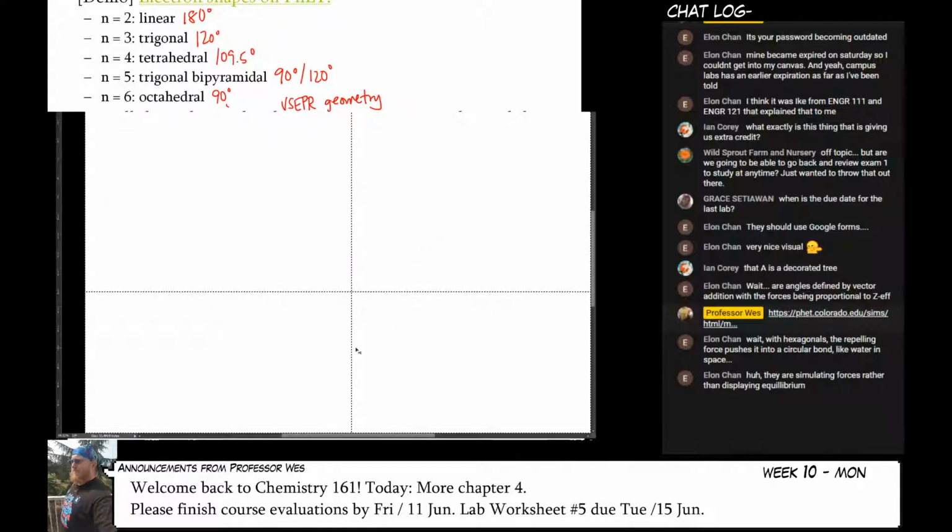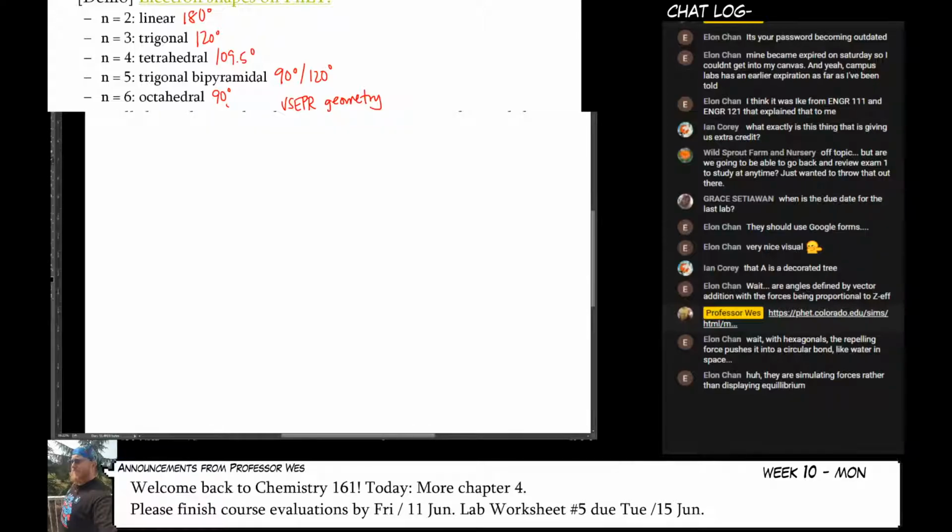If I had a molecule that looked like, say, this.